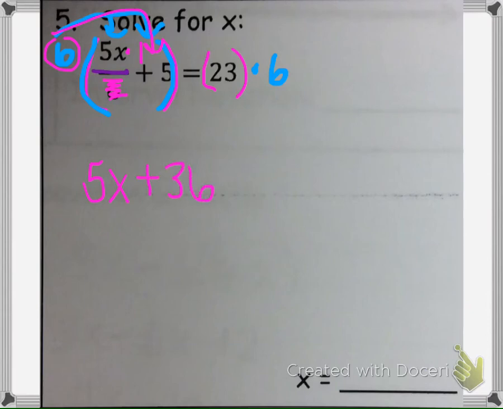So again, all we did was 6 times 5/6, which is just 5. And then we're doing 6 times 5, which is, oops, made a mistake there. This should be 30 right here. And then we have 23 times 6.